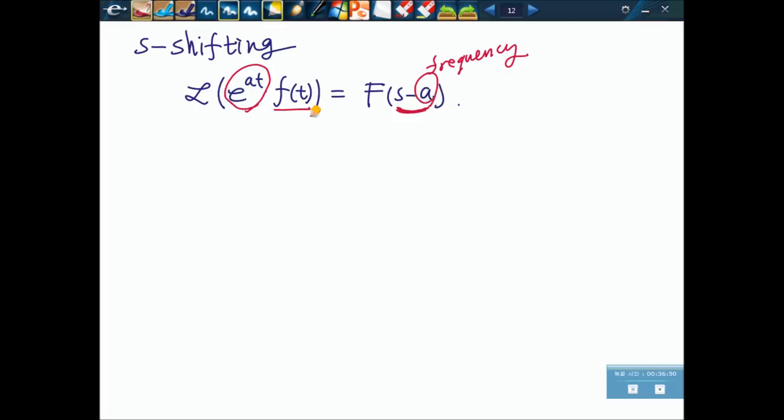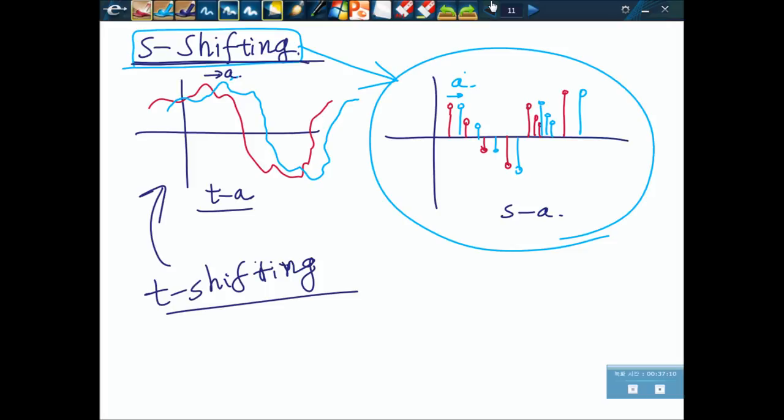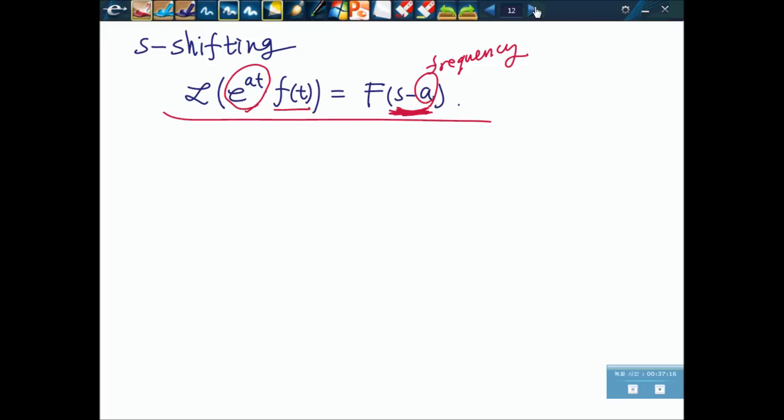That's the multiplication of e to the at when you shift something in frequency domain. Wow, this is really important. You have to understand this mathematical form, plus what's happening. That really has to be in your brain.